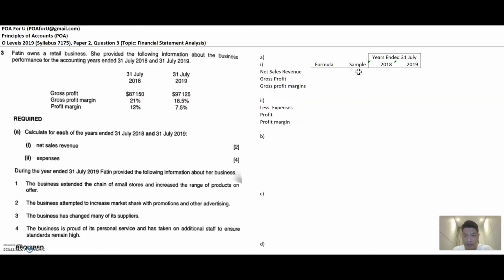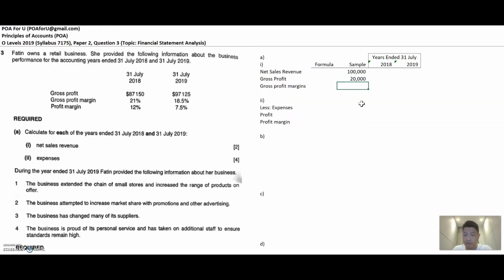Okay, so let's start with this table that I prepared. Before we answer the question for 2018 and 19, I'll just give you a working example. So let's say in a normal business, I have a net sales revenue of 100,000, and my gross profit, let's call it 20,000. Then what is my gross profit margin?